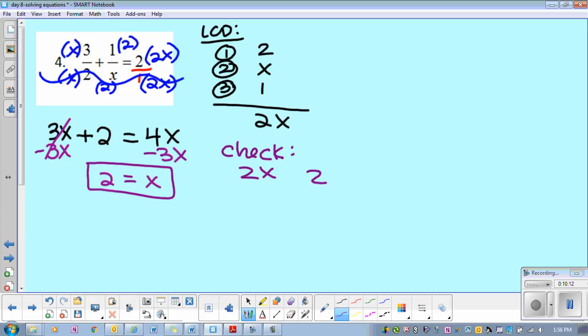So that's 2 times 2, which is 0? No, it's 4. So this tells me that yes, this is a solution. Pretty good, right? All right. You good?